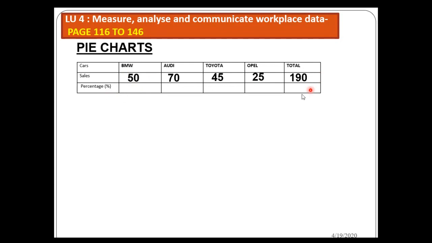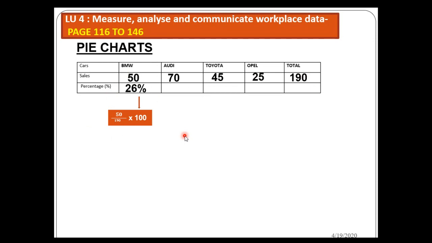Out of 190 cars. So I can say 50 divided by 190, multiply it by 100 so that I can have a percentage. How much do I get?